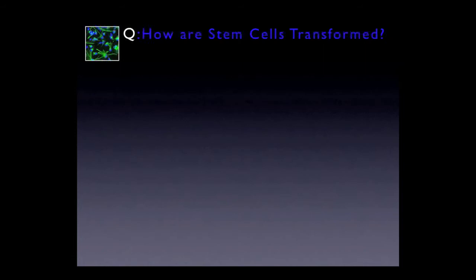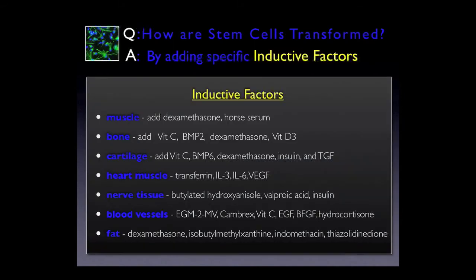Now, here is the key to stem cells: how are they transformed? The scientific word for transforming is differentiation. And basically what you do is you add inductive factors, depending on what you want these cells to form. So this table here is a list of the inductive factors that have been shown to induce a stem cell to form a differentiated cell.